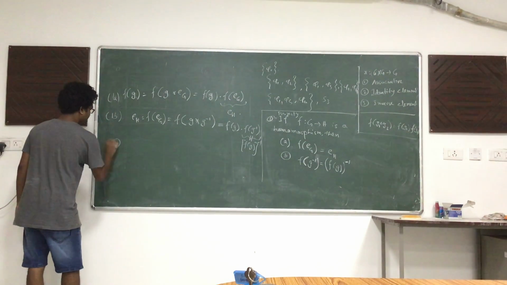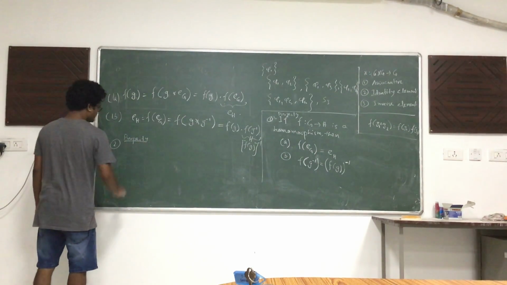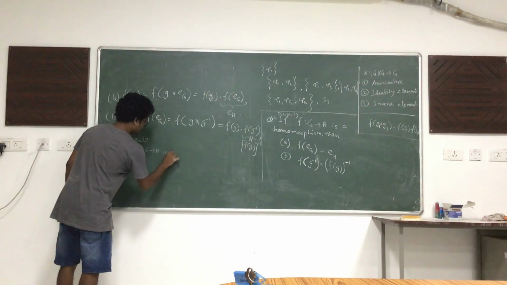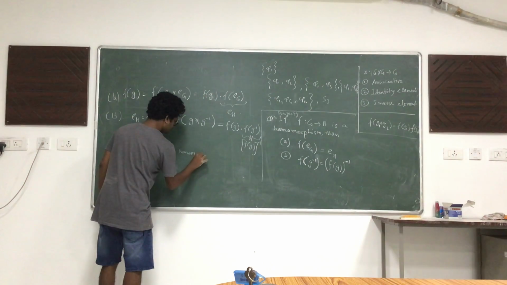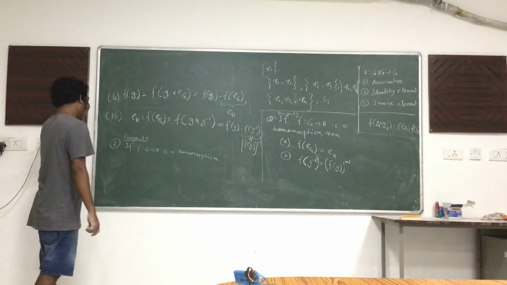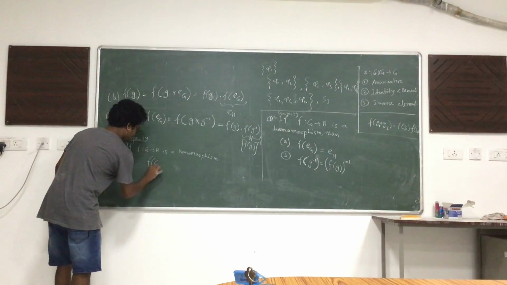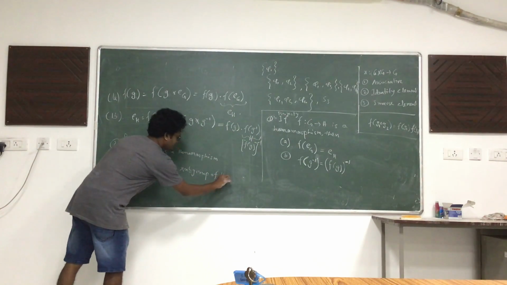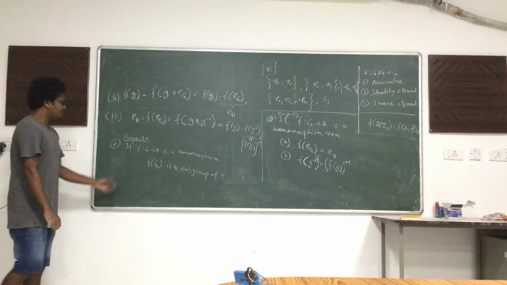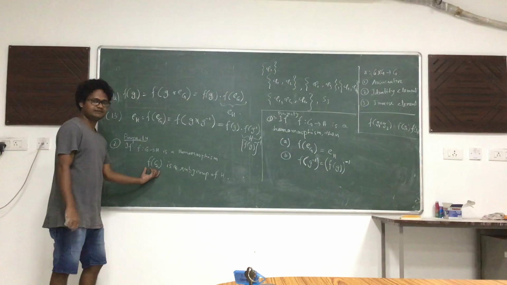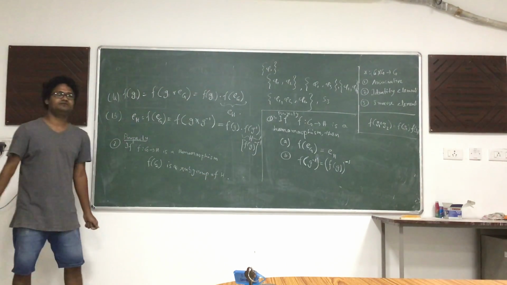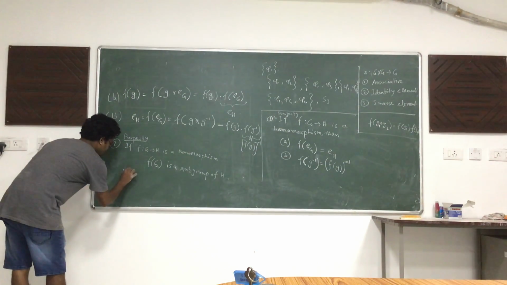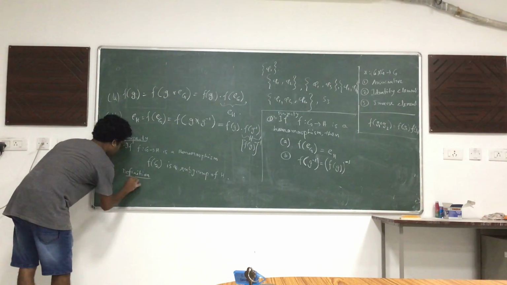Property 2 says that the range that we defined, f of G, is a subgroup of H. So this you can check. And the definition: kernel.